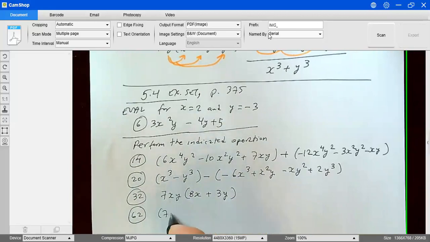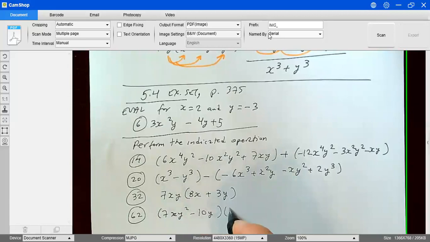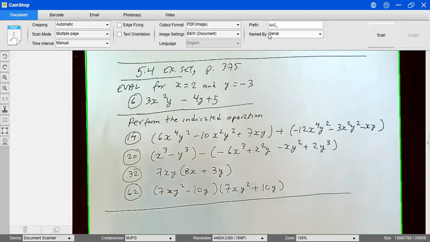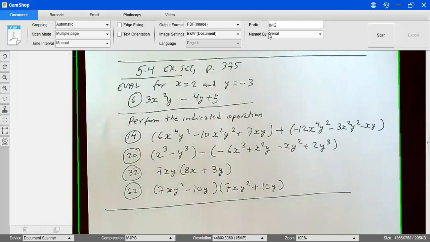So it's 7xy squared minus 10y that multiplies 7xy squared plus 10y. So this is your work for this first section. I'm going to continue in a minute.